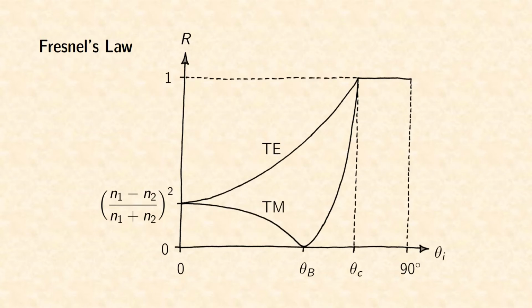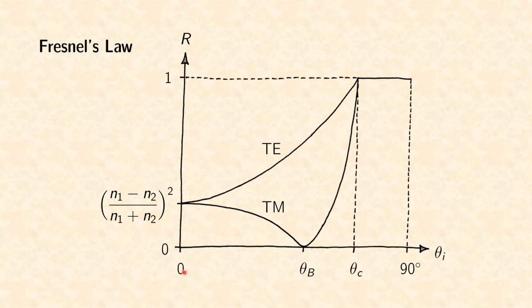So now we are finished, and let us collect the results of the amplitude factors given by Fresnel's law, because that is quite instructive. Now we have the intensity reflection on this axis. That means the square of the amplitude reflection factors.